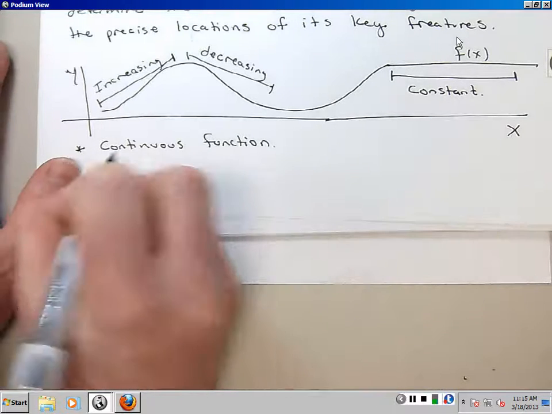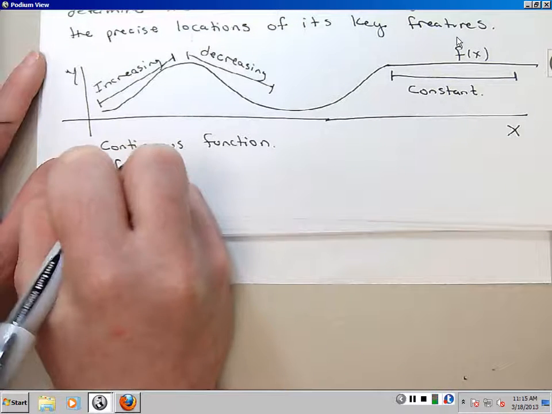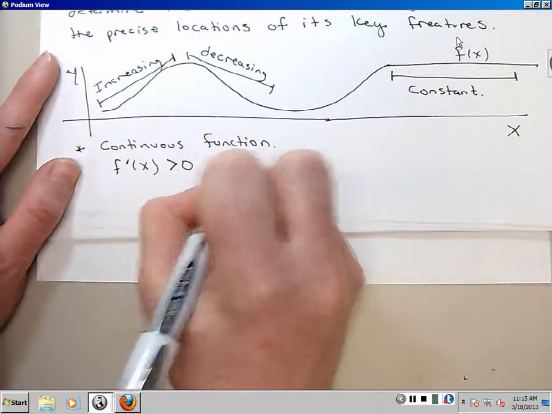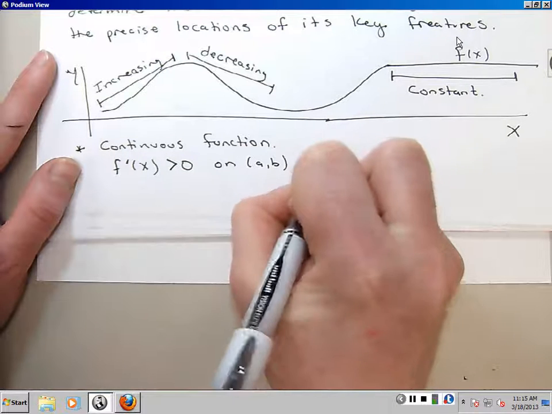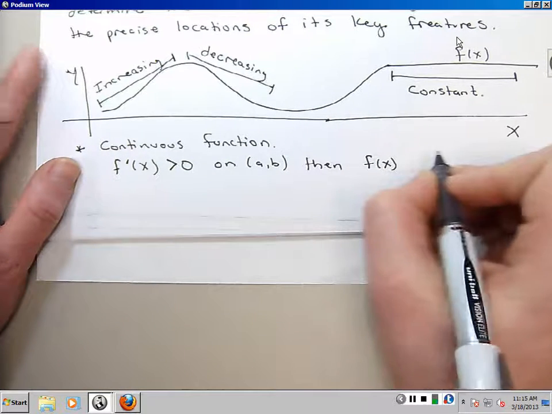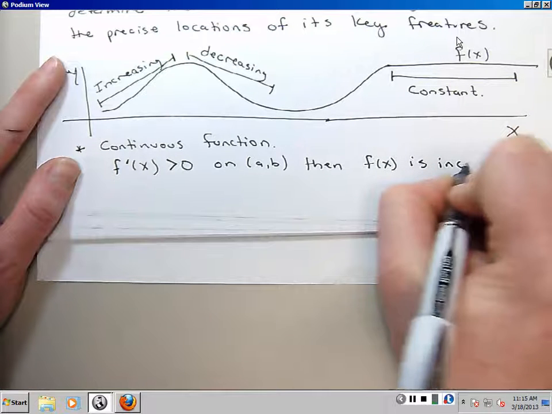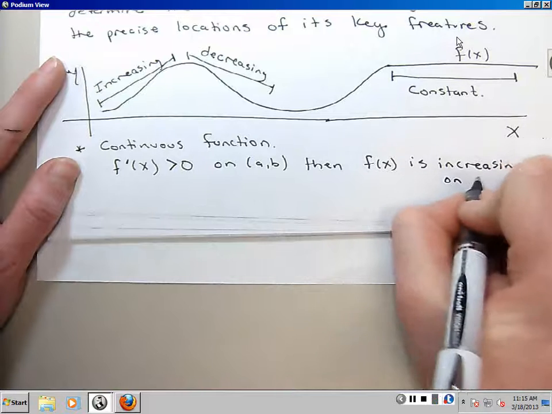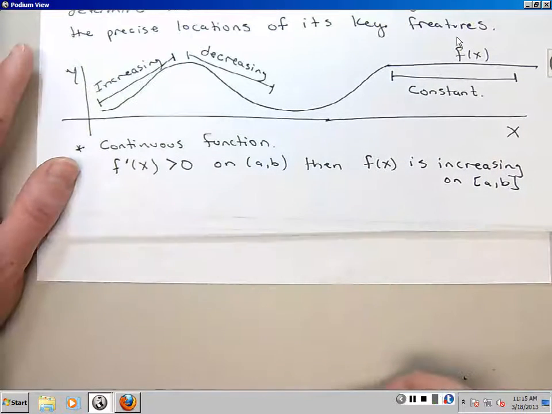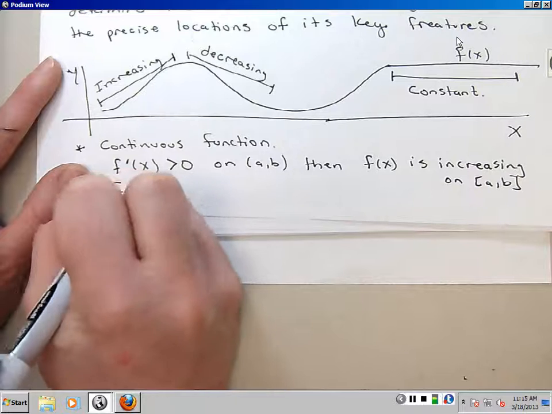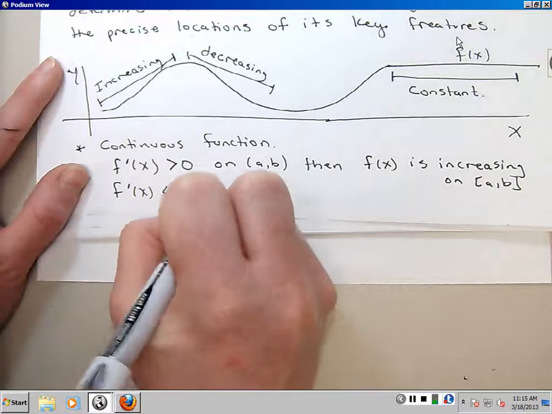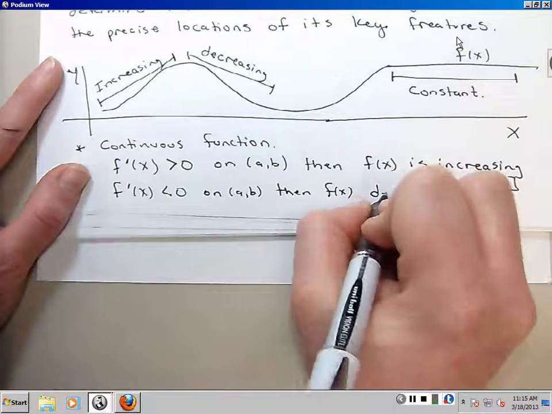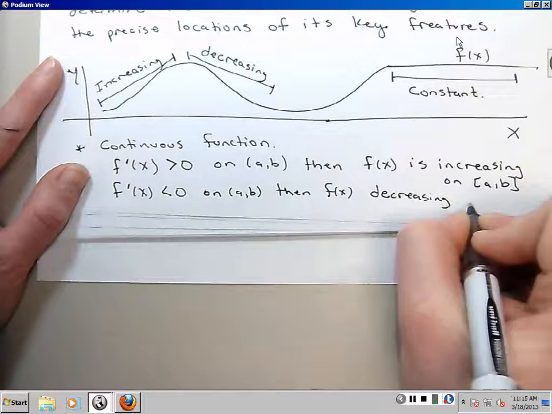Just to shorten this up a little bit: if the first derivative is greater than 0 on some interval AB, then the function is increasing on the closed interval AB. If f prime of x is less than 0 on AB, then f of x is decreasing on AB.